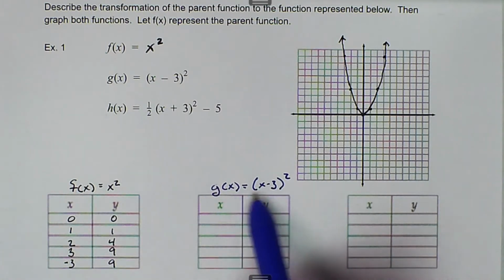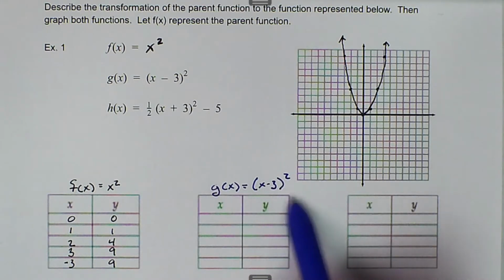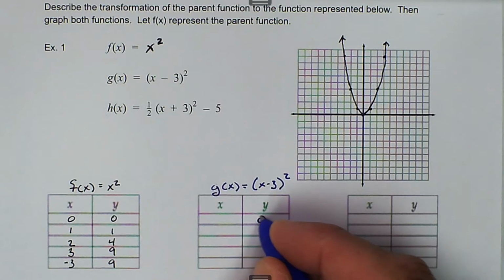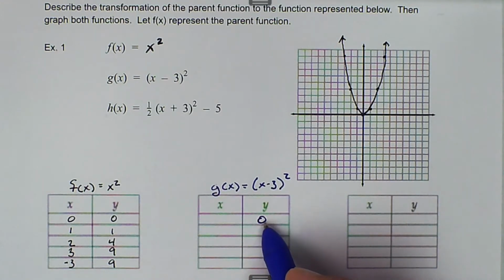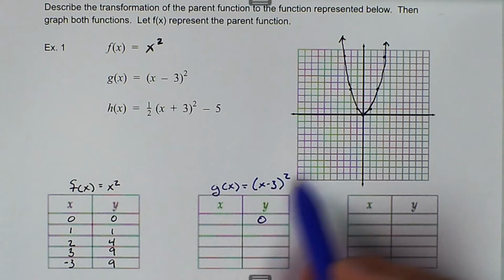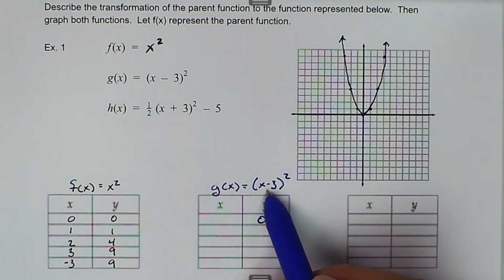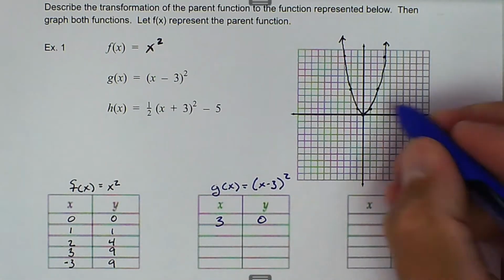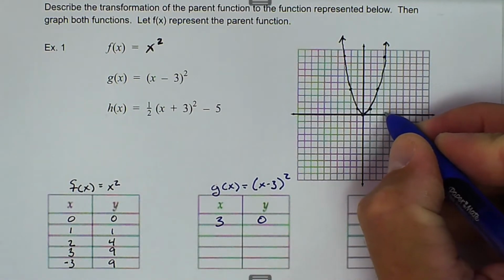And then we want to look at the vertex for g of x. It doesn't move anywhere in the y direction. So we're still going to have 0 for the y portion of the coordinate. In this negative sign, although it looks like we should go to the left, remember that x is backwards. That's actually going to be 3 to the right. So that will be our vertex to the right. So 1, 2, 3.